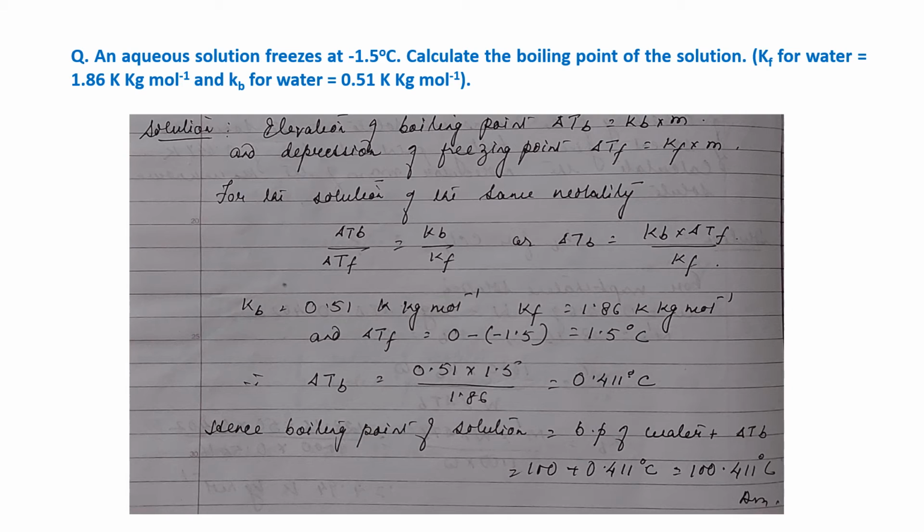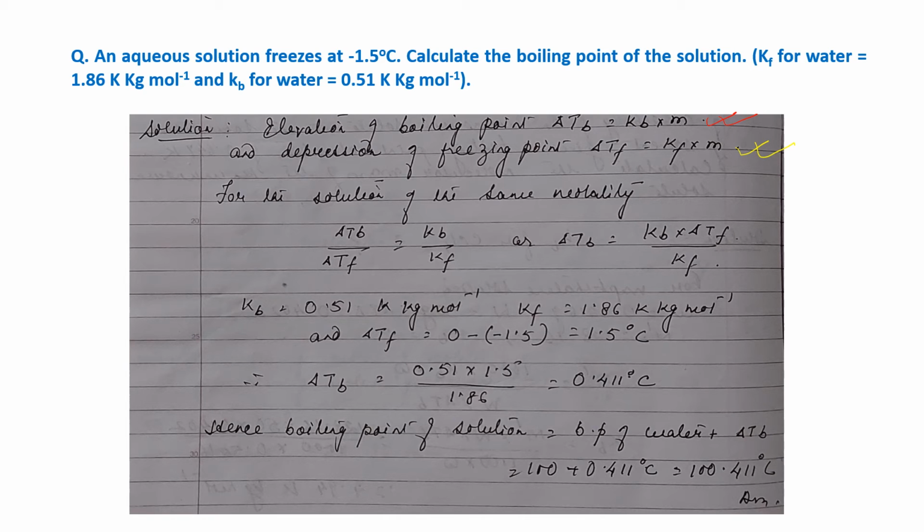Elevation of boiling point delta Tb, the formula is Kb into m. We know that. And depression of freezing point delta Tf is equal to Kf into m. That also we know.